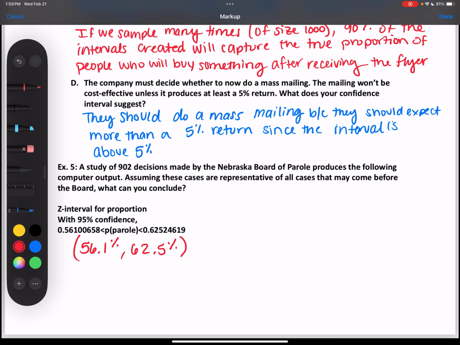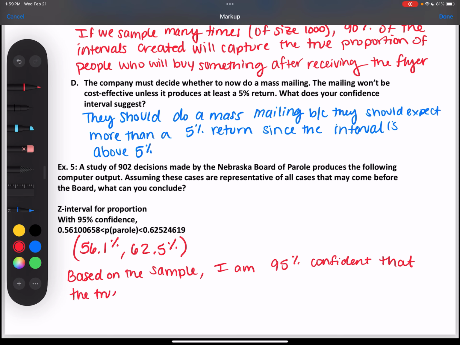So, based on the sample, I am 95% confident that the true proportion of decisions made... inmates who are paroled would be the better thing to say. That inmates paroled is between 56.1% and 62.5%.